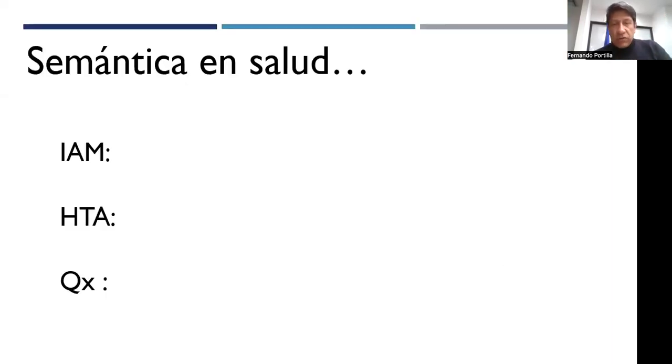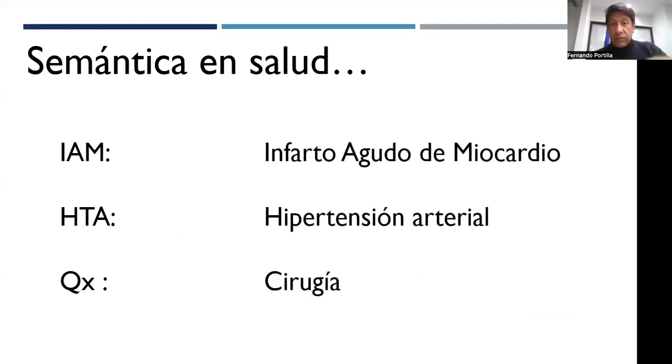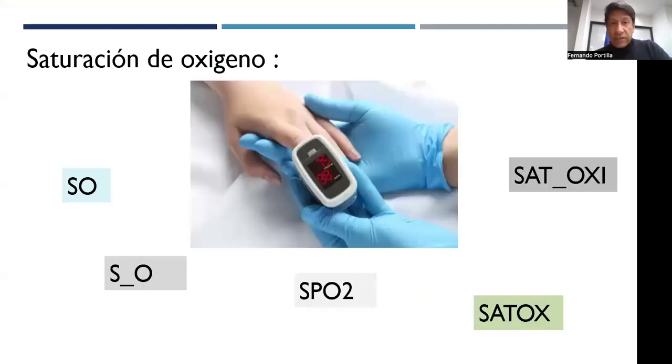So what about when our health professionals, when the practitioners are thinking about this? IAM could be an acute myocardial infarction, but it could have a different meaning to HTA, and QX could be surgery. That is to say, variables can be interpreted differently.